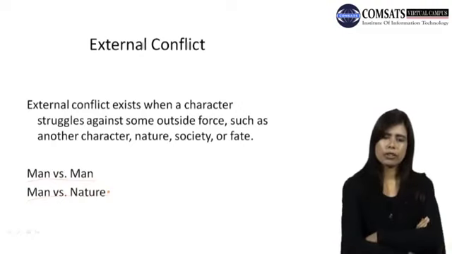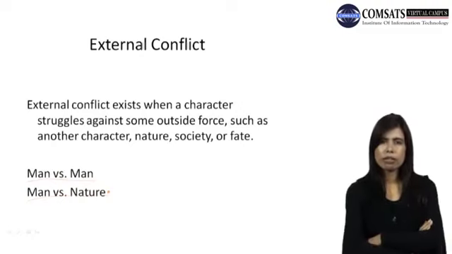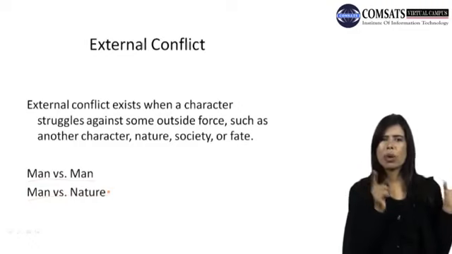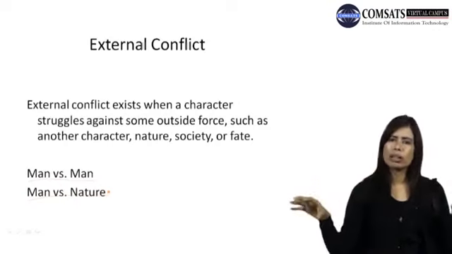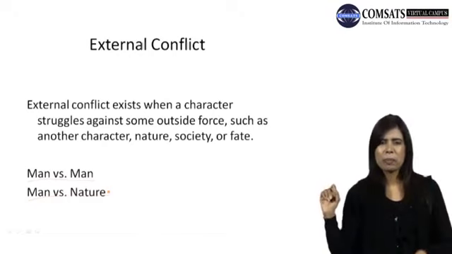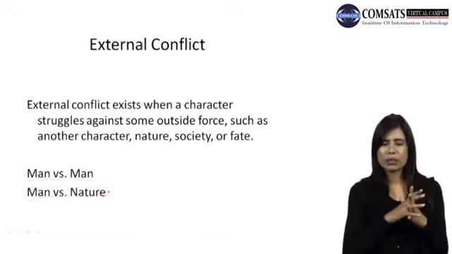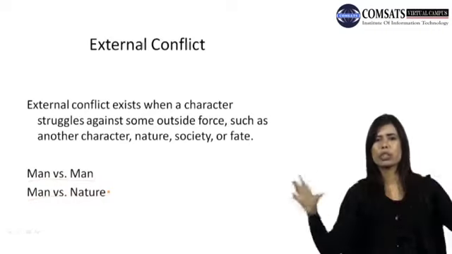So dear students, here you can see that the external conflict occurs between two parties. One is the hero or the character of the story, and all are basically the characters of the story. External conflict exists when a character struggles against an outside force.